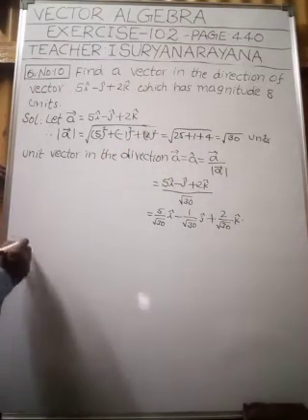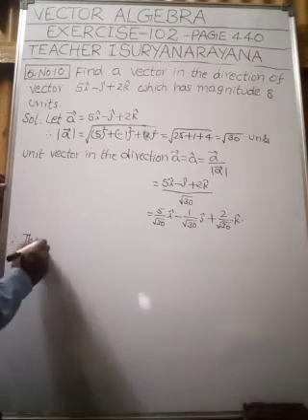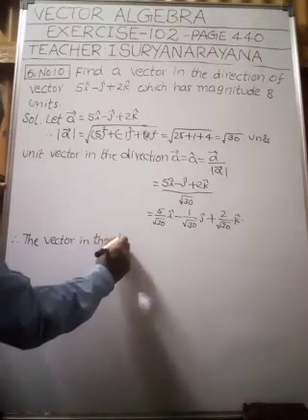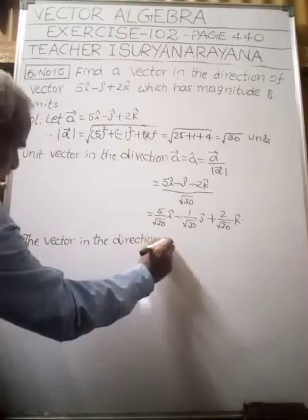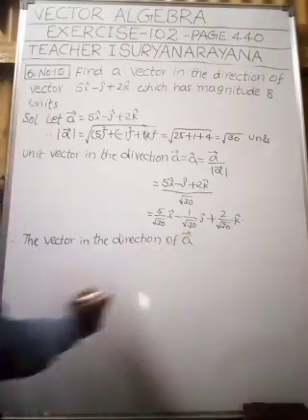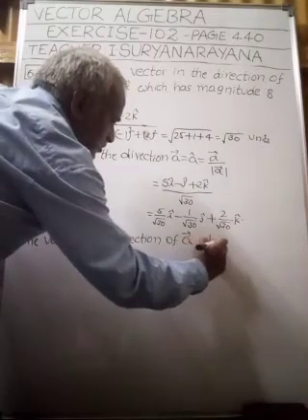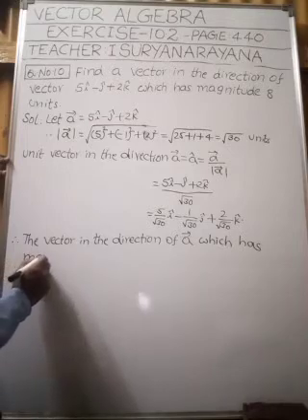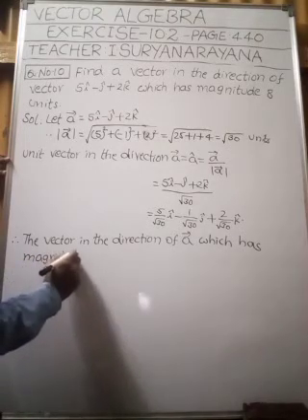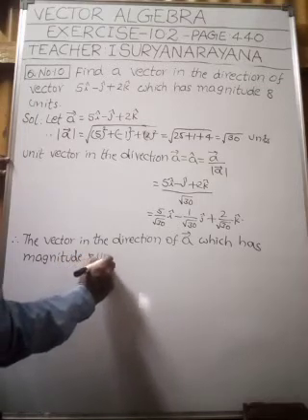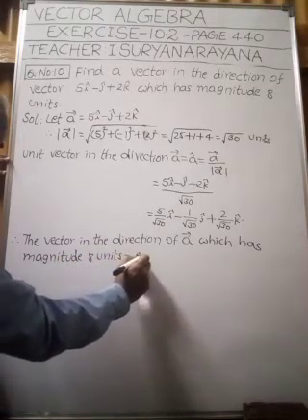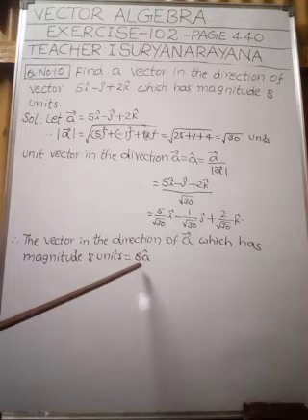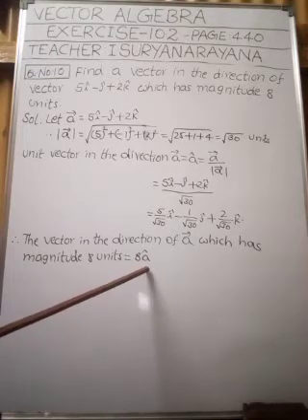Therefore, the vector in the direction of A bar which has magnitude eight units is equal to 8 A cap. We got the cost of one book. So cost of 8 books means 8 into cost of one book. Yes or no, my children?